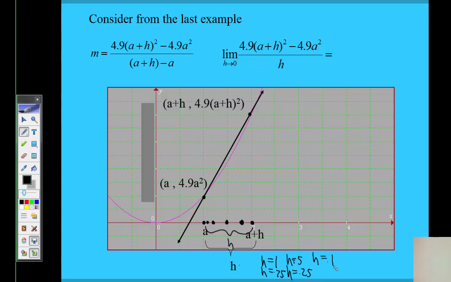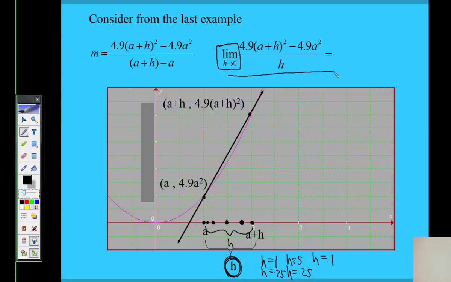So we can see that as we move that point closer and closer, let's look back up here at our limit now, you can see h is going to 0. That's why we're saying in this limit, h is going to 0, because this distance down here is h. We're letting that point get closer and closer and closer to a, so h is going to 0.